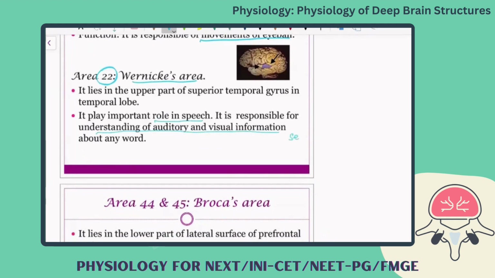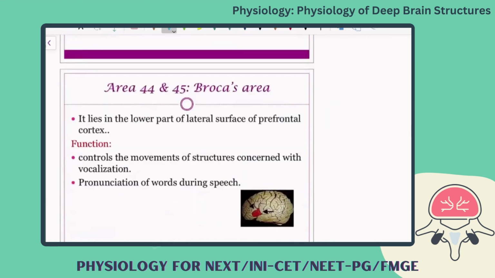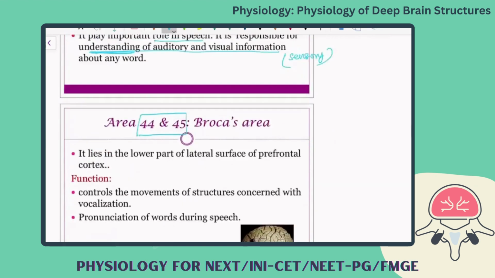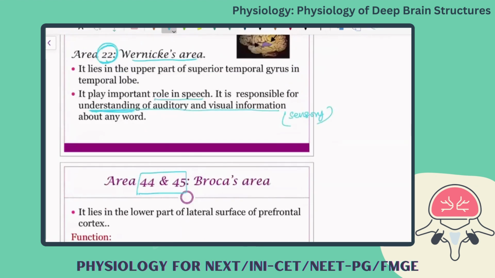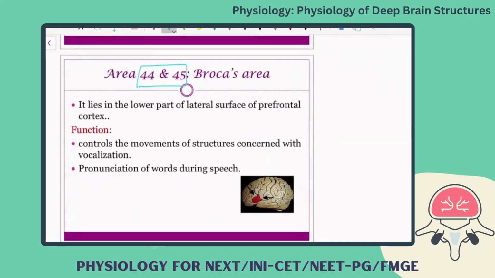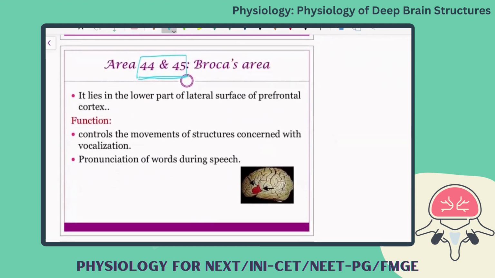This is sensory, for understanding. And Broca's area is number 44, 45. Remember 22 is Wernicke. Broca's area is 44 and 45. And this is mainly for articulation, pronunciation of the words.